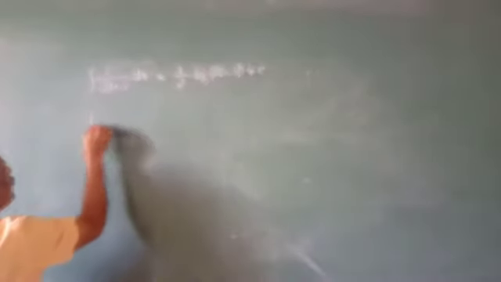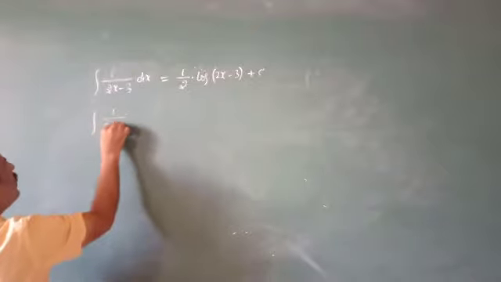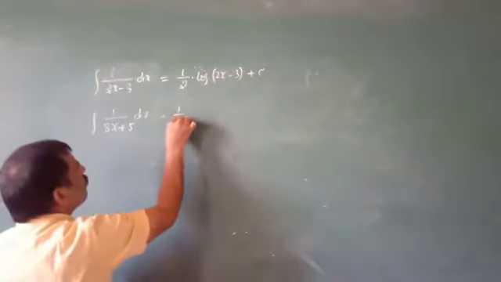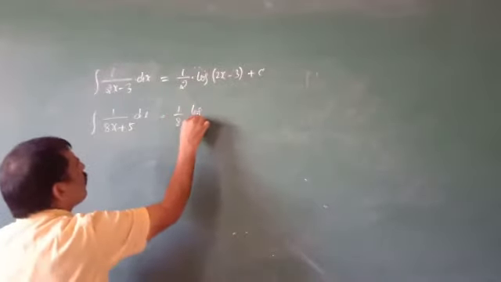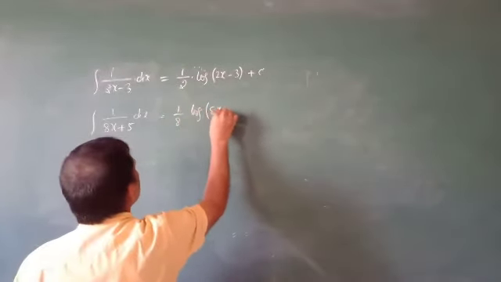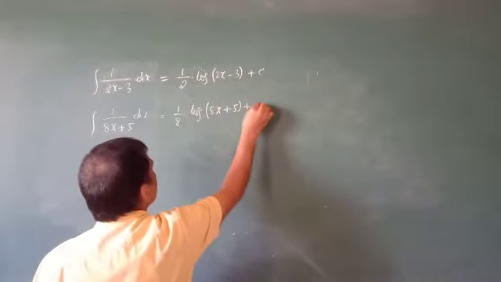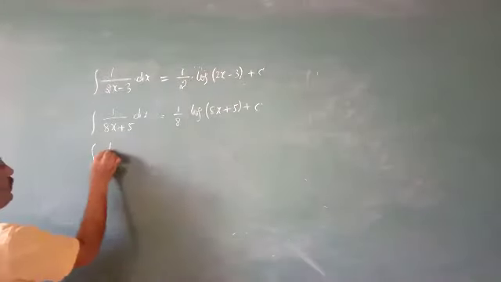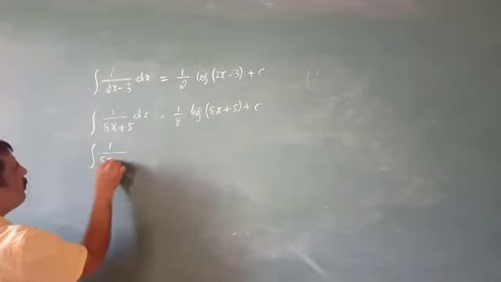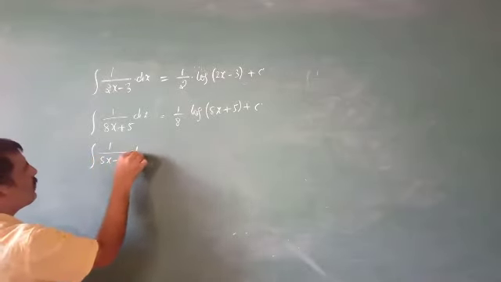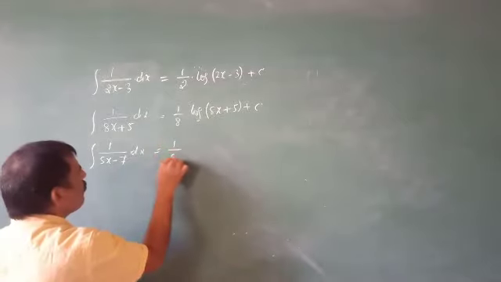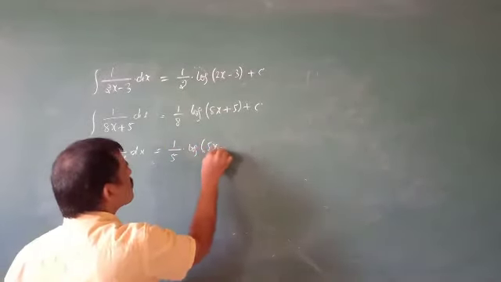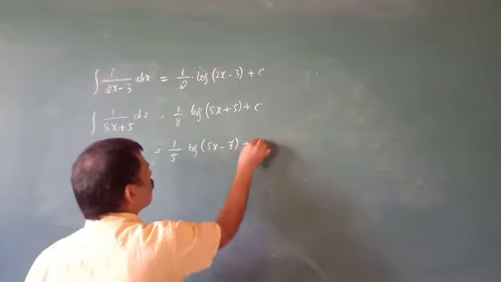Integrate of 1 divided by 8x plus 5 with respect to x equals 1 by 8 into log of 8x plus 5 plus c. Next, integrate of 1 divided by 5x minus 7 with respect to x is equal to 1 by 5 into log of 5x minus 7 plus c.